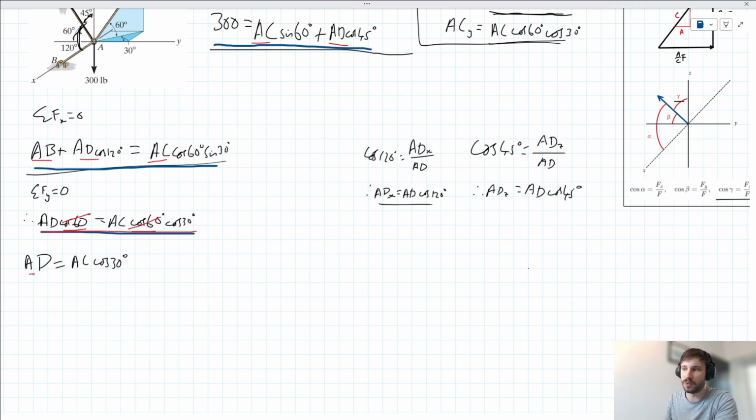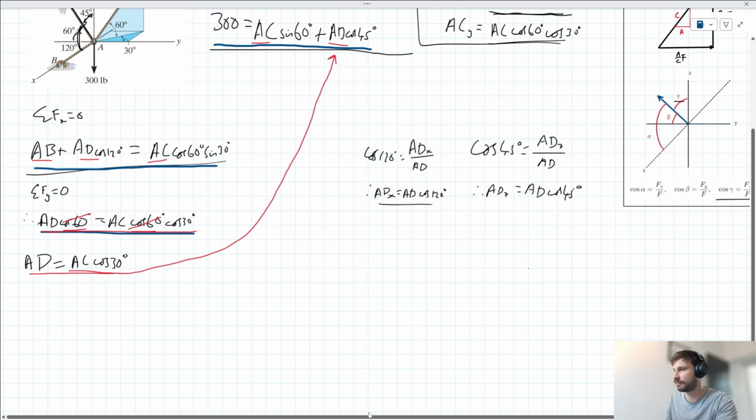Since we're just expressing one unknown in terms of another unknown, we can take that and substitute that in for AD into our first equation here, which will then leave us with one unknown, just AC, which we can then solve for.